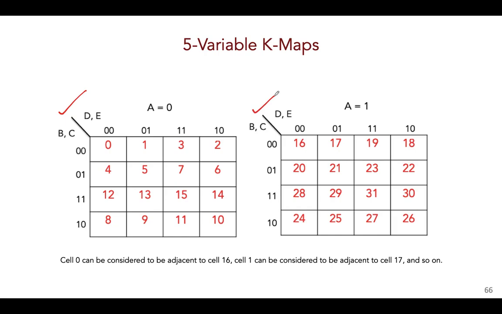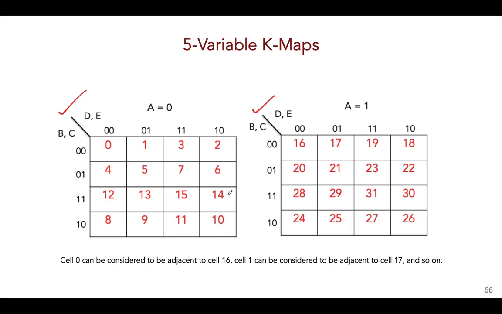We will go on to discuss 2 more ways in which we can represent 5 variable K-maps, but we're starting with this one. For A equal to 0, we have this type of K-map, and the numbering of the cells, as you'll recall from your typical 4 variable K-map, goes like 0, 1, 2, 3, 4, 5, 6, 7, then you skip this row, start the numbering from here, and then you come back to this row.